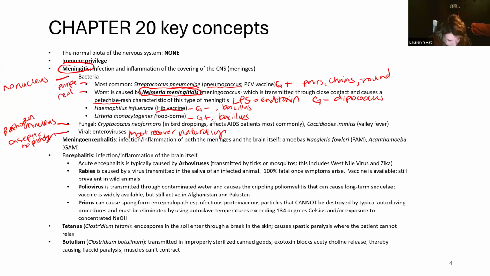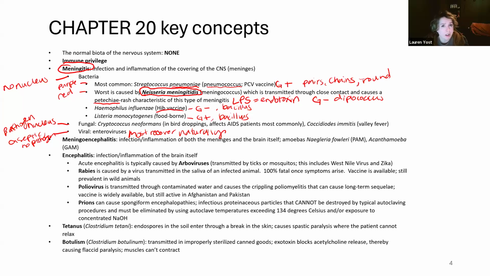For encephalitis, again, encephalitis is infection leading to inflammation in the brain. For infectious causes of encephalitis, the most common by far is herpes. Herpes is the most common cause of encephalitis in the world. After that, we have the arboviruses.